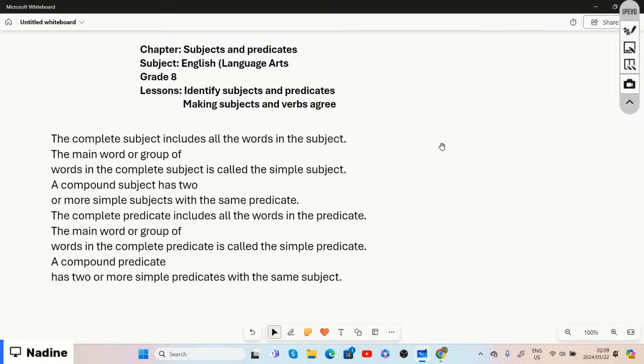So we're not going to go over once again what a subject is. We said we are doing subjects and predicates. We're going to go over what a subject and predicate is.